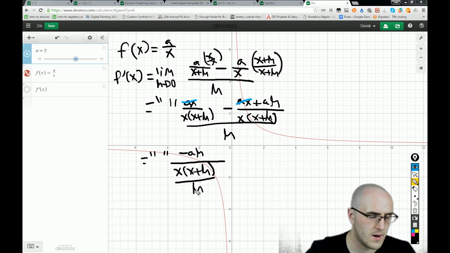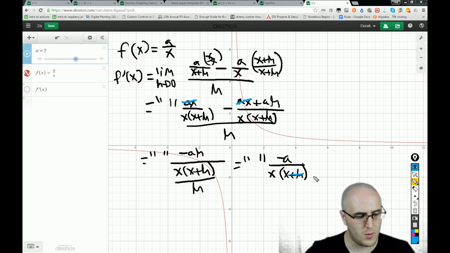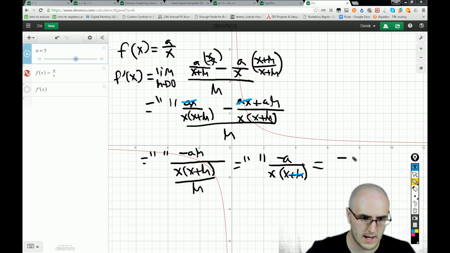Well, we can factor out this h and divide it into here, so we end up with the limit as h approaches 0 of negative a over x times x plus h. And this is now safe to plug in 0 for our h, since it no longer creates a discontinuity. It's no longer a hole, since we can just kill this h right here. And we end up with negative a over x squared.